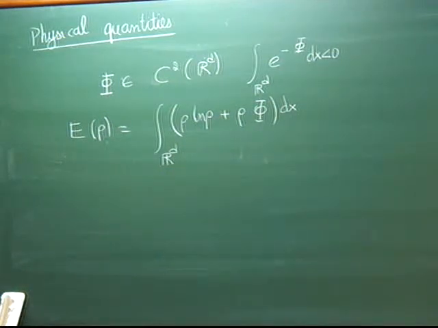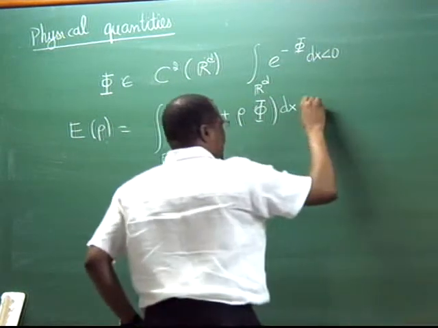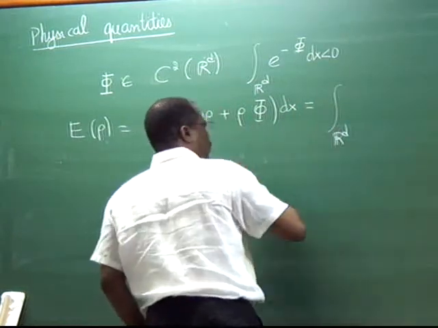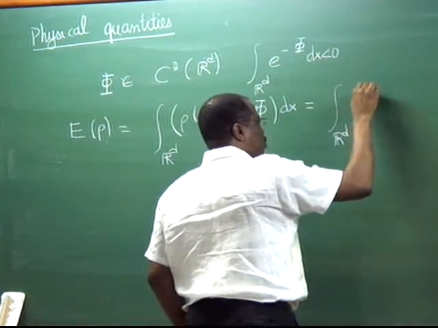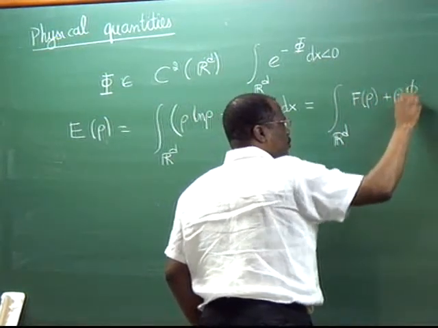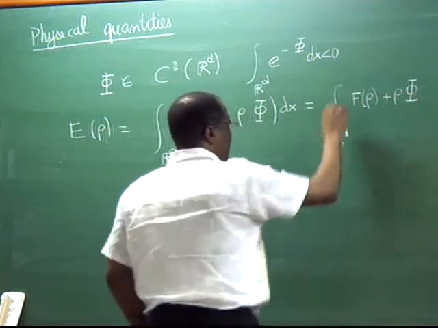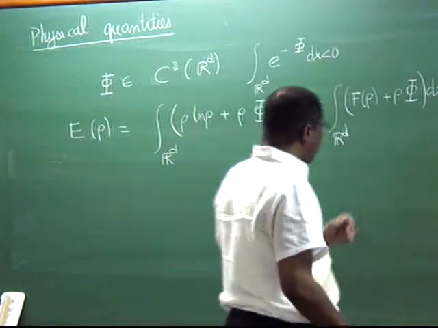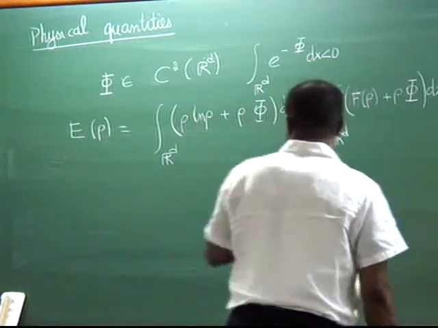In general, what I will do will work if I consider an arbitrary function f of rho plus rho phi dx. So this is the total energy of my system.